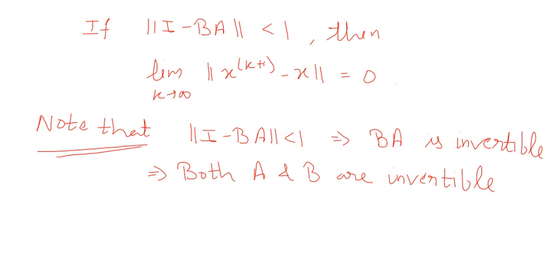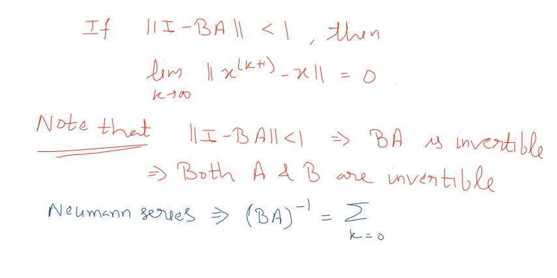And since Neumann series implies BA inverse is equal to summation k equals 0 to infinity of I minus BA to the power k.